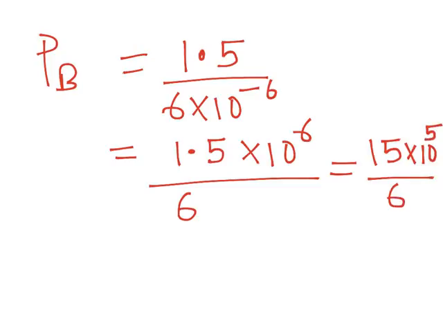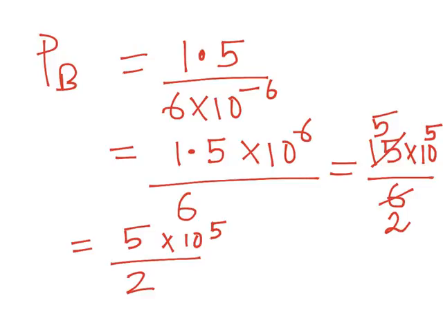Now we can try to get it in the lowest form, so we can cut it by 3. 3 is common to both 15 and 6, so you get 2 here and you get 5 here. So we get 5 into 10 to the power 5 divided by 2. Now 5 by 2 is easy to do. Half of 5 is nothing but 2.5. If you don't know, we'll do it for you. 2 goes into 5 twice, so that's 4 out here.